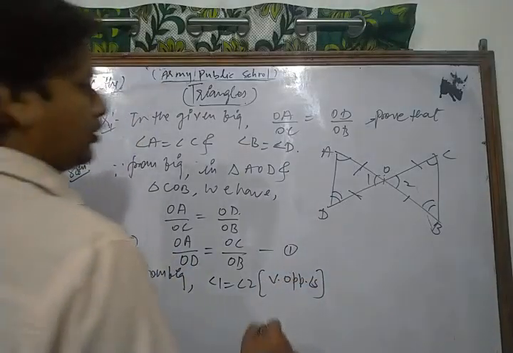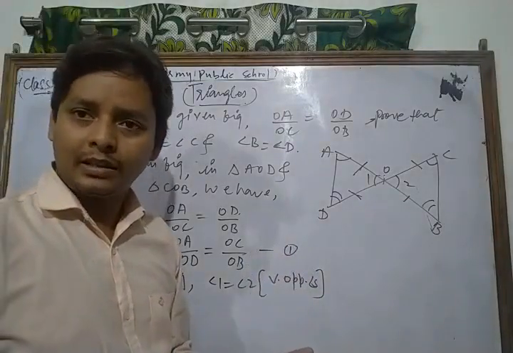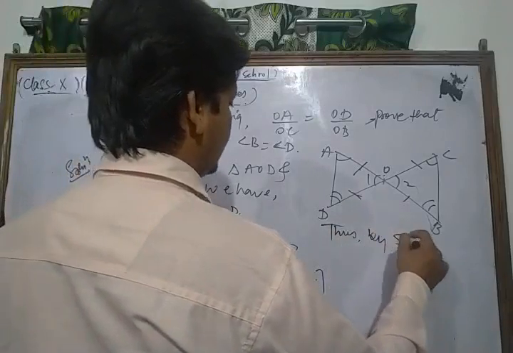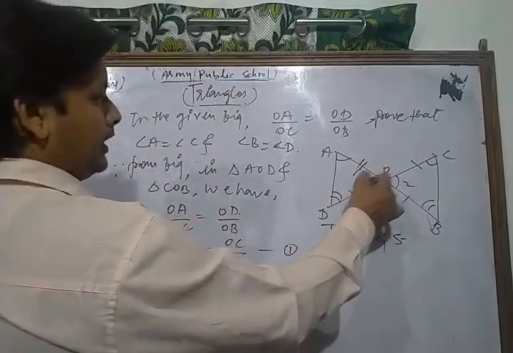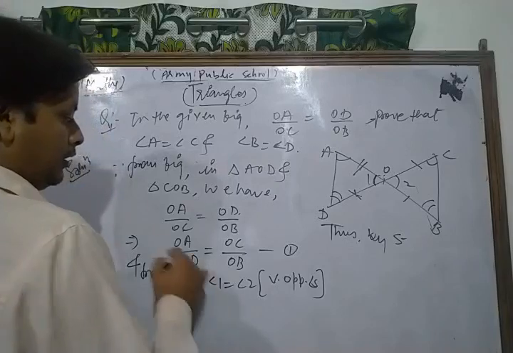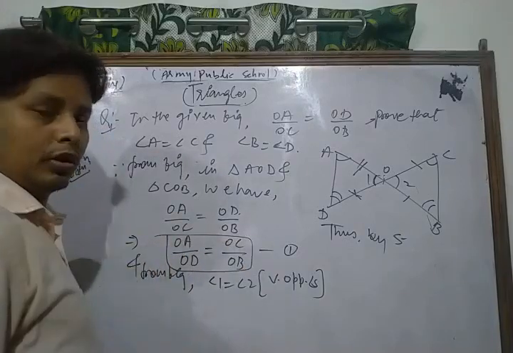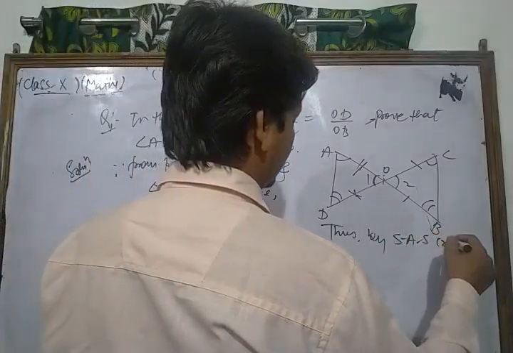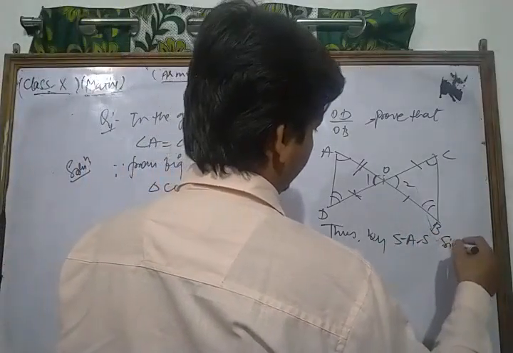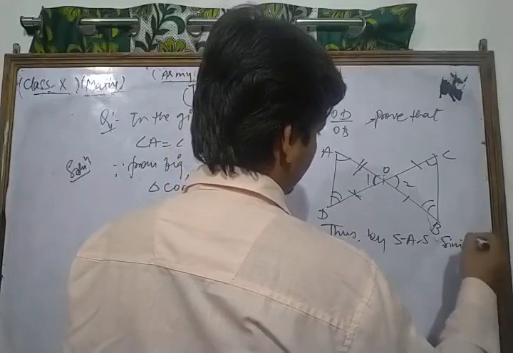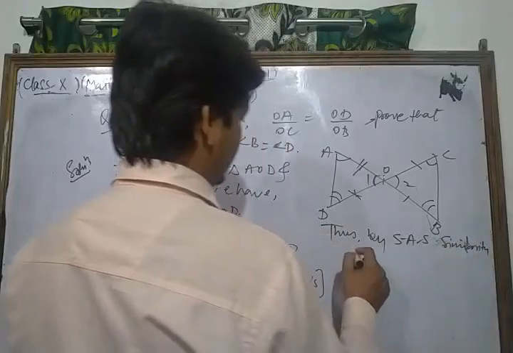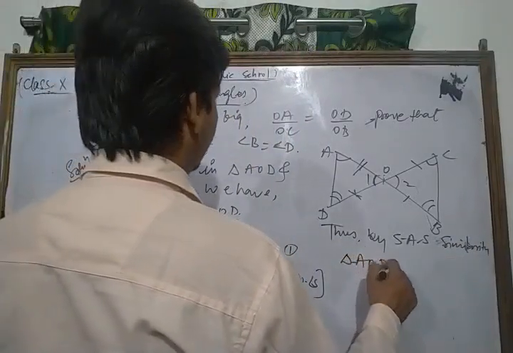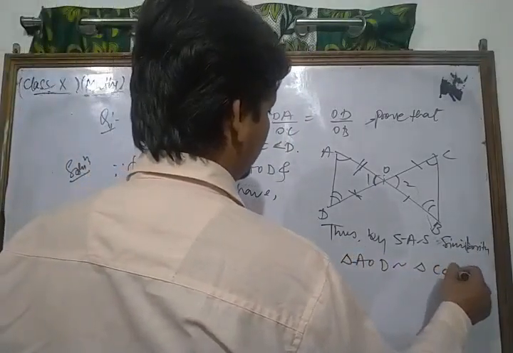Thus, by the side-angle-side criterion, one pair of sides and the included angle between them are in the same ratio, and thus by similarity, triangle AOD is similar to triangle COB.